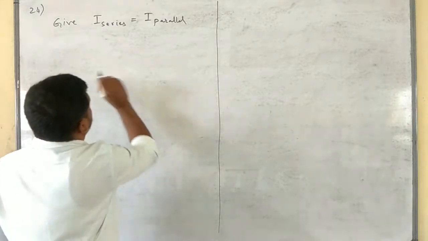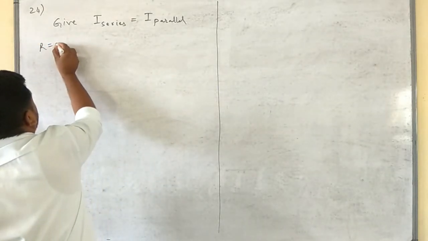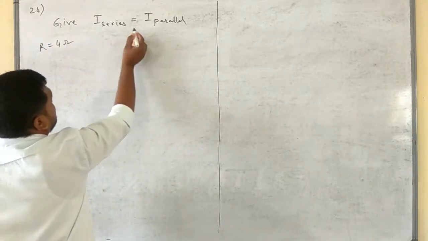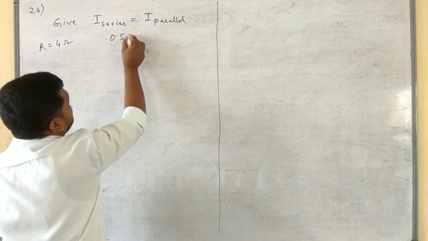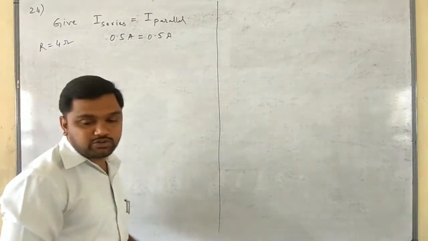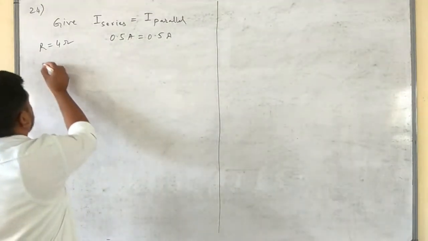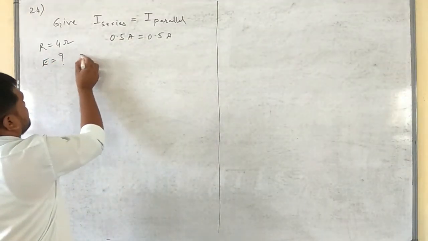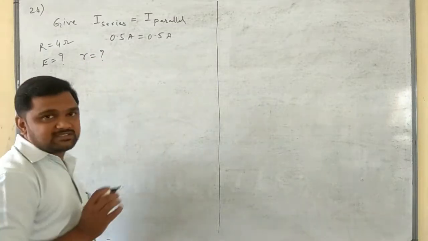The external resistance value is also given, which is 4 ohm, and the current is 0.5 ampere. We want to find out the EMF of the cell and also the internal resistance offered by the cell.